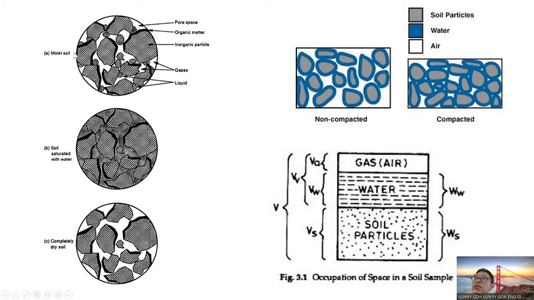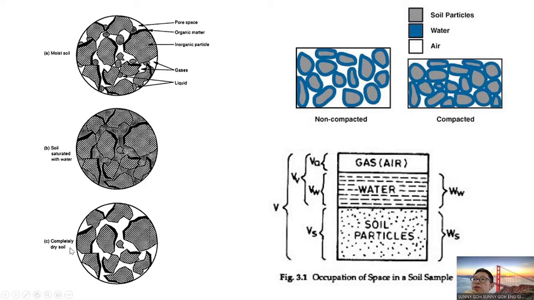But at the same time, since this is a moist soil, we have liquid that fills parts of the soil. And the B part, if you look at the soil, is soil saturated with water, so you can see that apart from organic and inorganic matter, we don't have pore space, because the pore space is filled up by liquid. The liquid itself is the water.